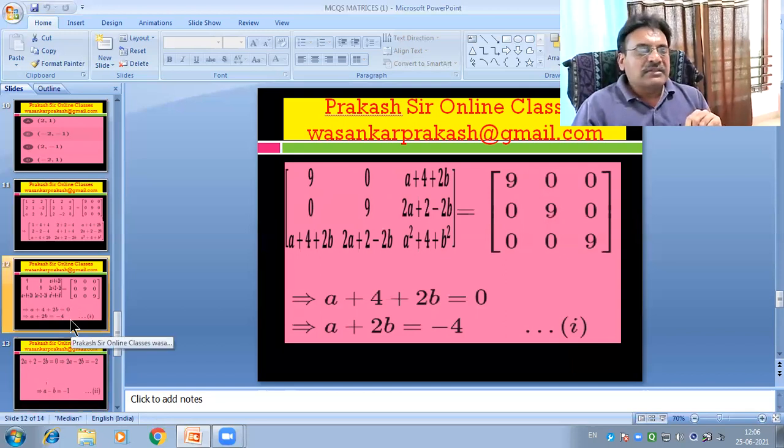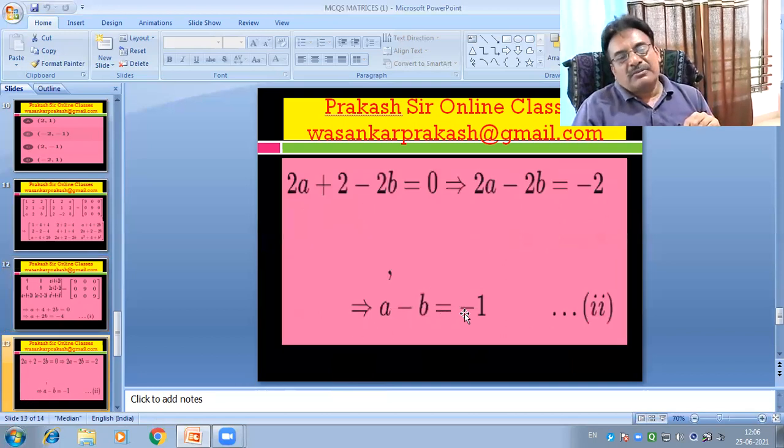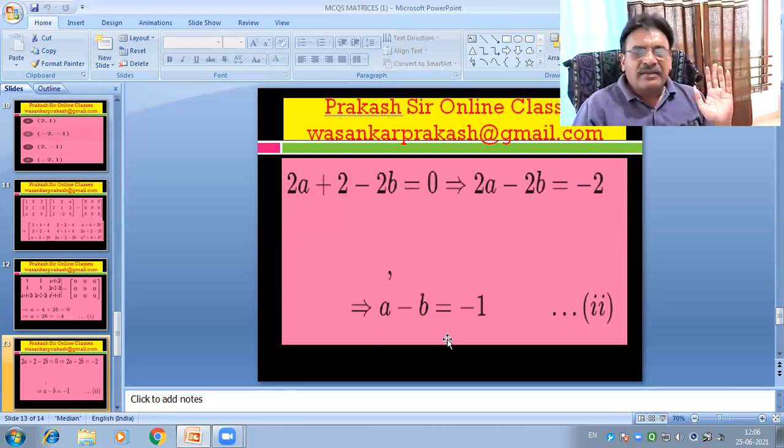Again, we repeat this. We solve these two equations, a plus 2b equals minus 4 and a minus b equals minus 1. In these two equations, the coefficient of a is equal, so we subtract. Then a gets cancelled.